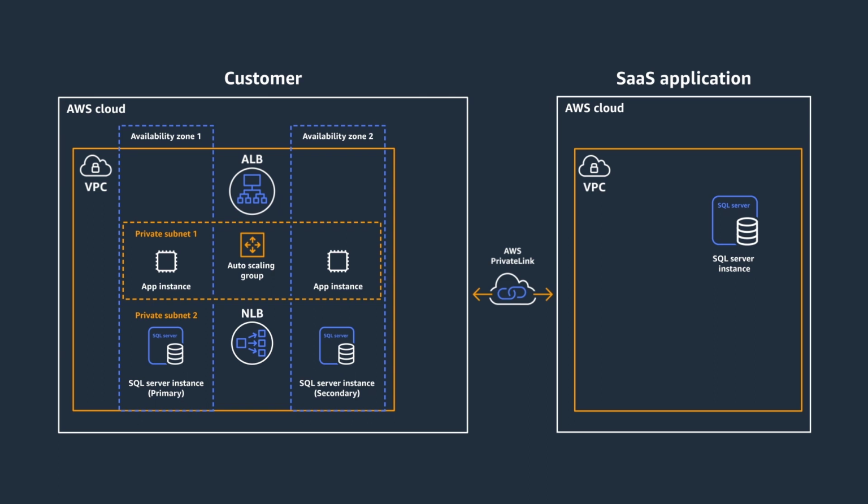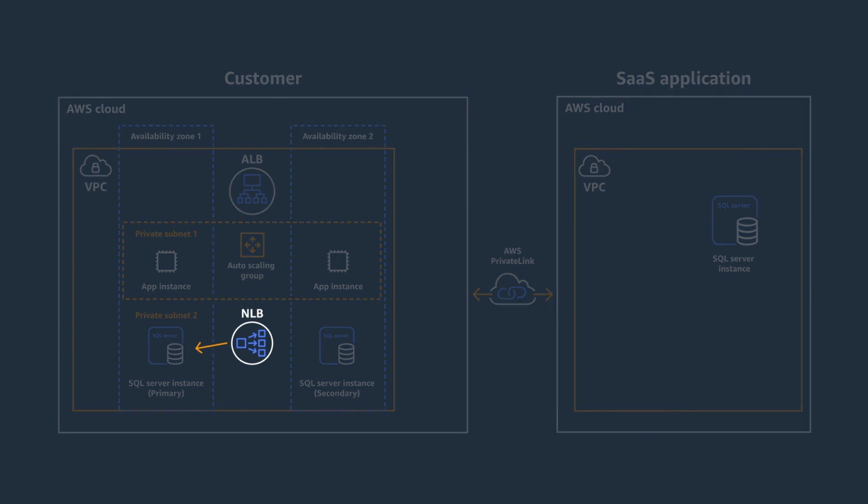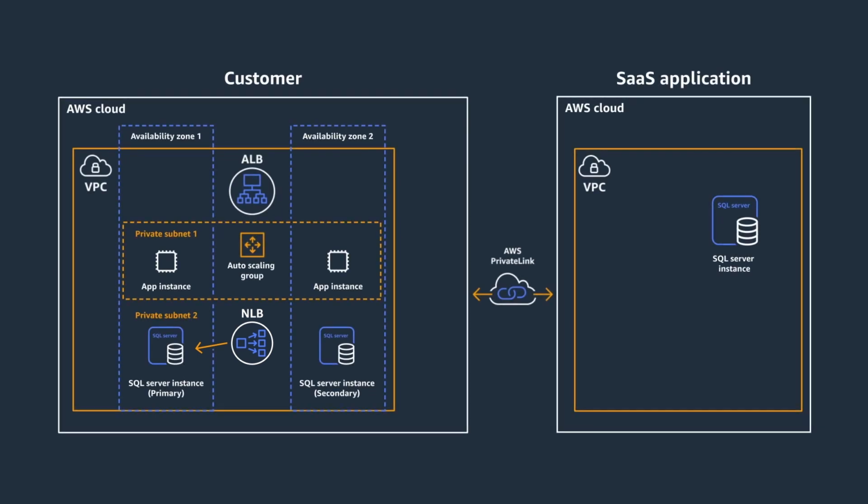For cross-regional use cases, we can extend this pattern via VPC peering to other VPCs in another region. To expose this database to other consumers, we need to front-end the database with a network load balancer. In the network load balancer, we register the private IP and the port of the database instances as a target group, and adjust the security groups of the database to only allow traffic from a network load balancer.